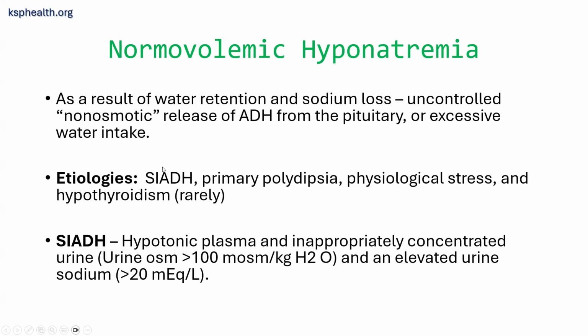SIADH: hypotonic plasma with inappropriately concentrated urine. What does that mean? When the serum sodium is low, urine osmolality is more than 100 with elevated urine sodium. That clinches the diagnosis of SIADH. And of course, there are 4 or 5 parameters you need to fulfill before you make the diagnosis of SIADH.